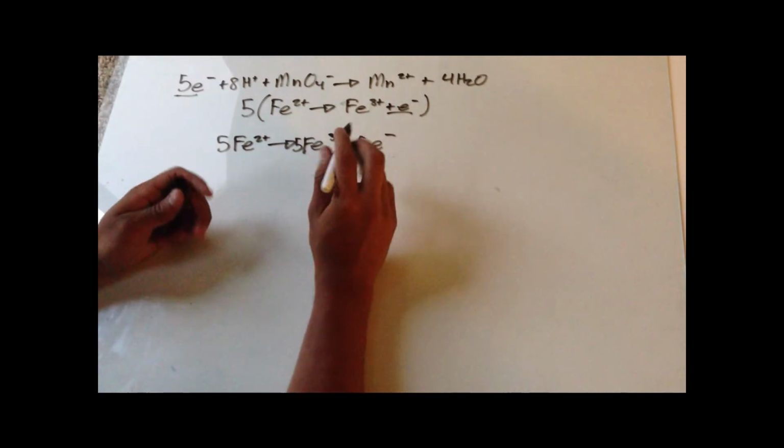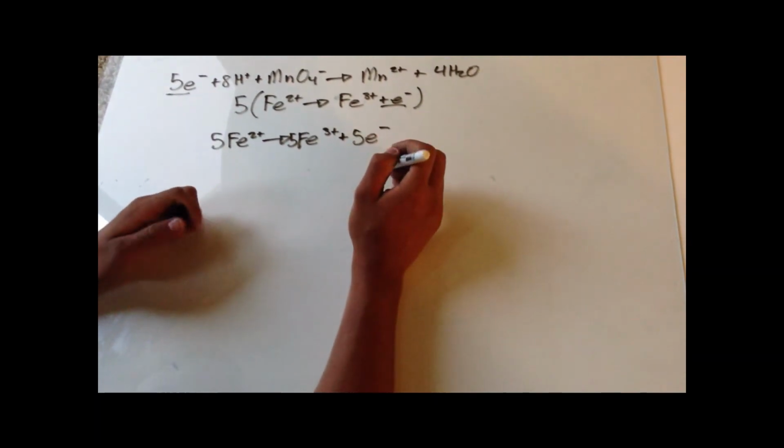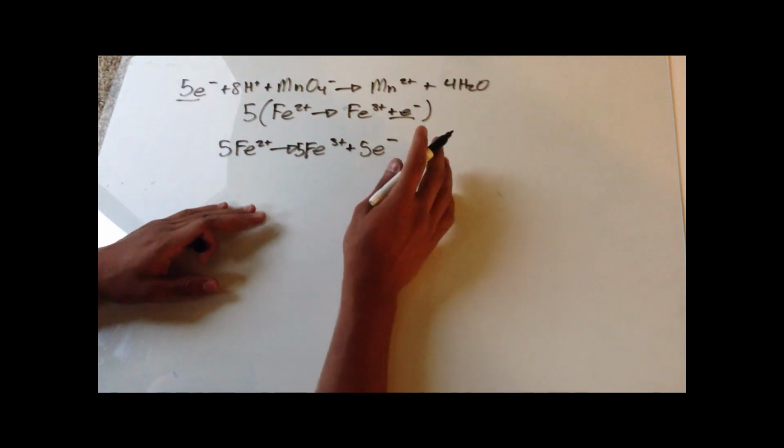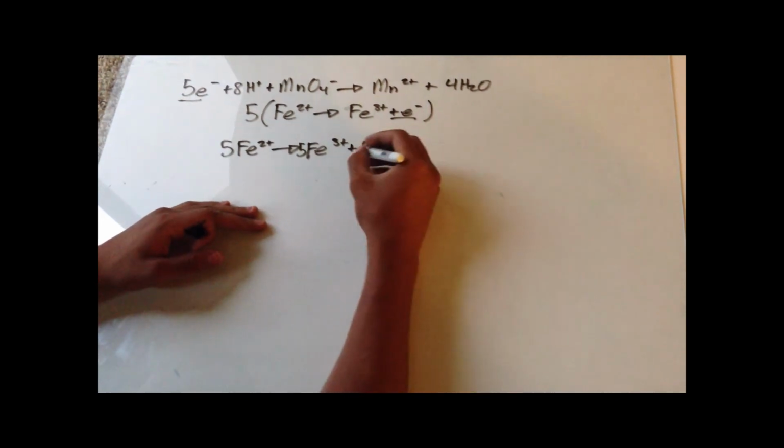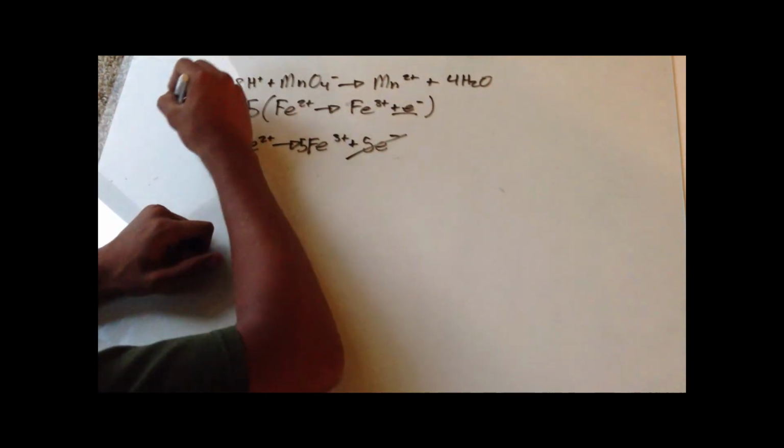So now you have each one balanced. Now this is when you would cancel out. So if you have 5 electrons on this side and 5 electrons on that side, you do not need these anymore.